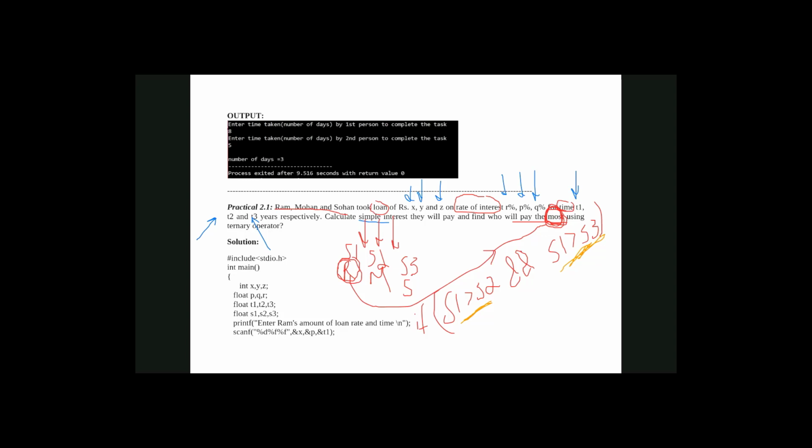It means that S1 is paying more simple interest as compared to S2 and S3.